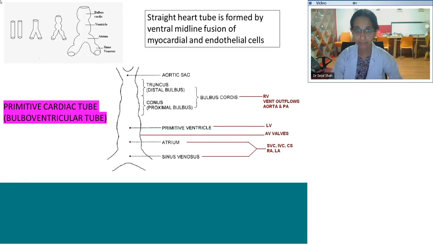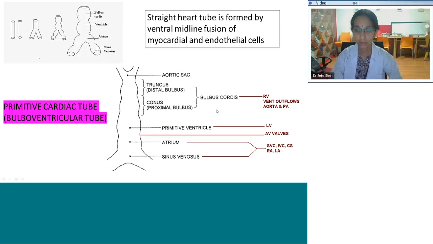Finally, we have 4 bulbous projections, which include the sinus venosus, the atrium, the ventricle, and the bulbus cordis. So this is the primitive cardiac tube, also called the bulboventricular tube.